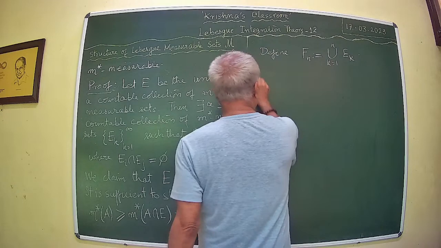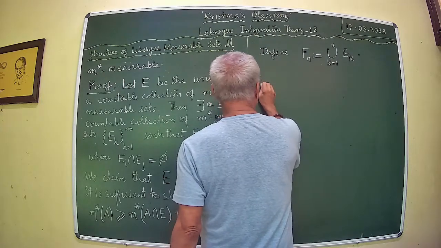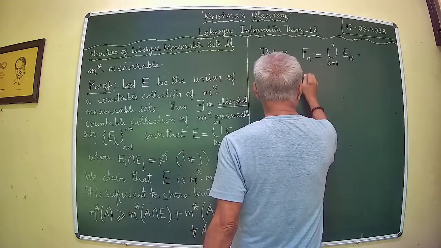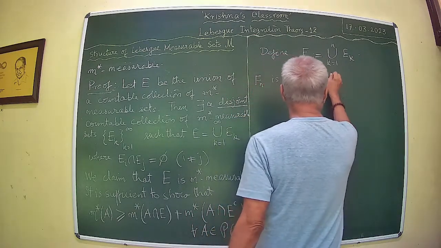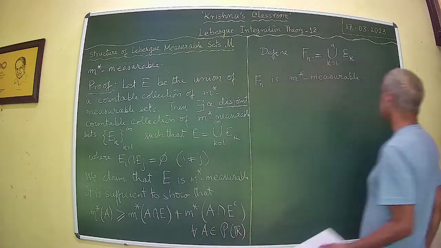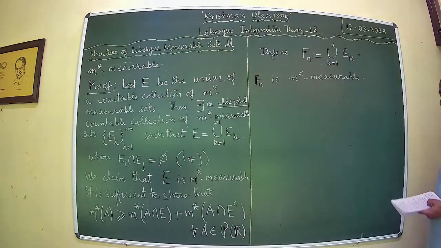Now, from what we have proved earlier, F_n is M star measurable, because it is the finite union of measurable sets.